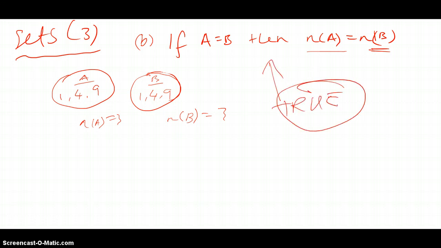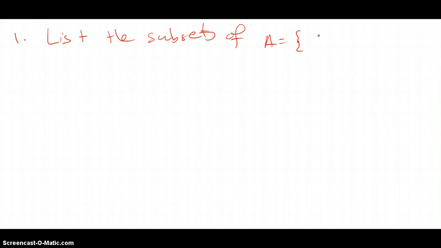Alright, next question. If you go to page 3, the question says, 1. List the subsets of A equals 1, 3, 5, 7, 9, 11.